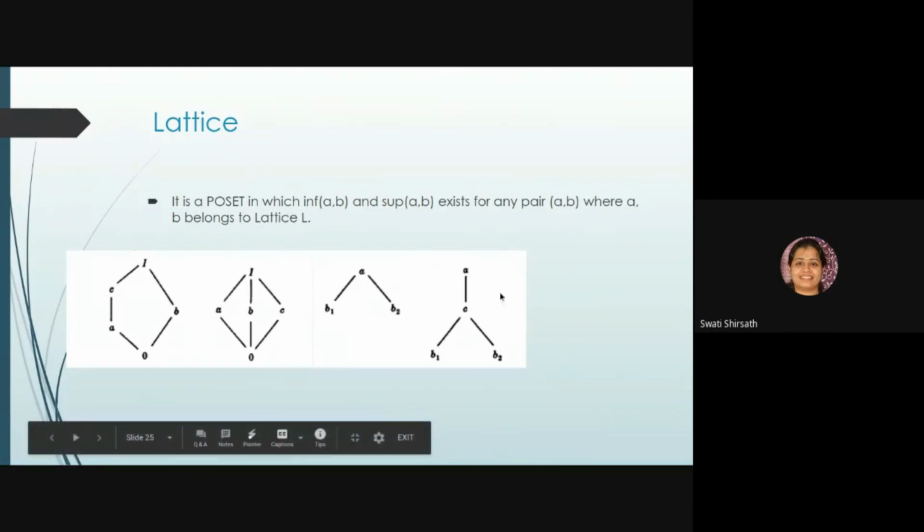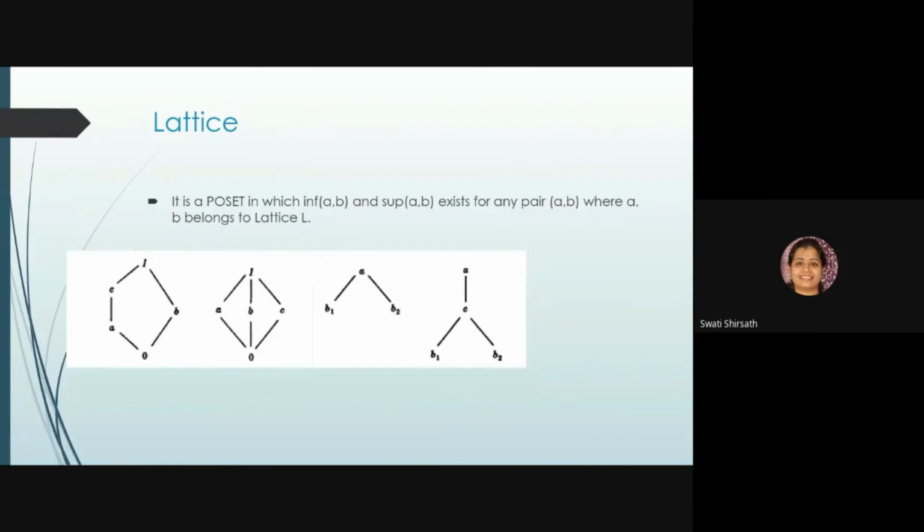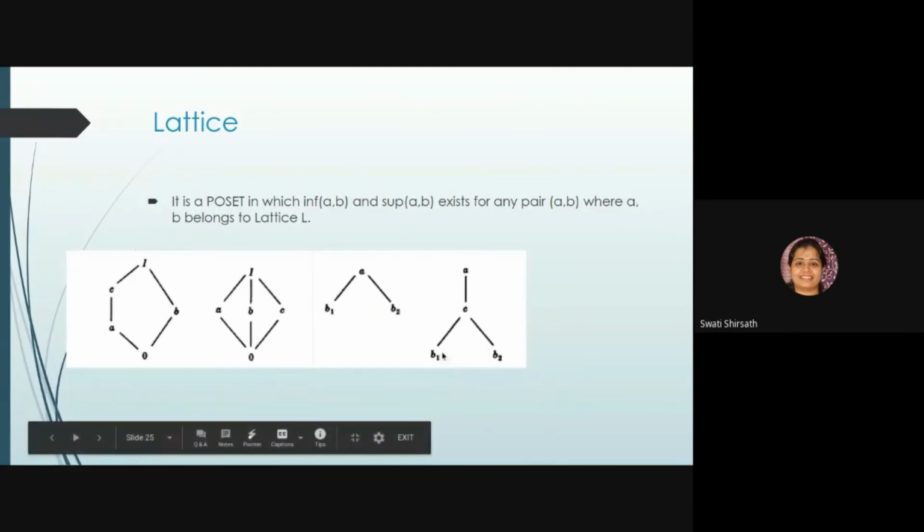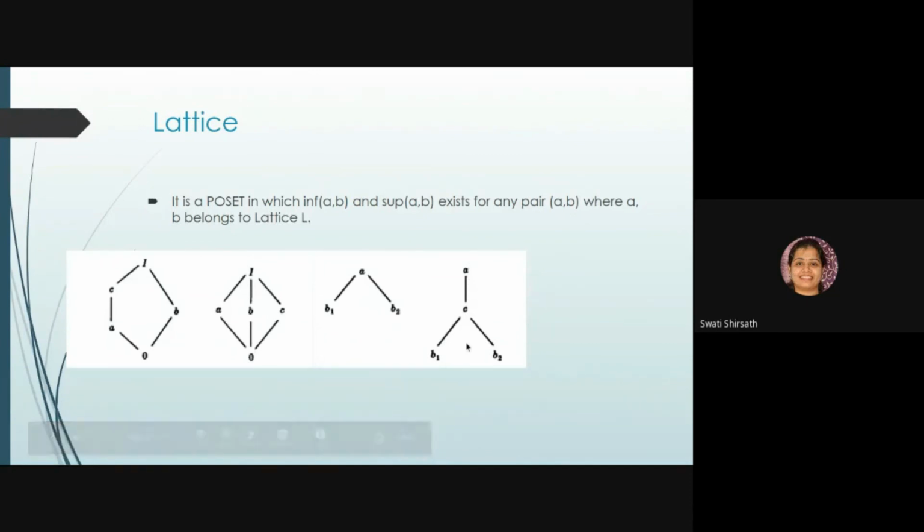What about this? Is it a lattice? No, also this is not a lattice. But then, tell me the LUB of B1, B2. C. Correct. See, for B1, B2, we have to go in the upward direction.